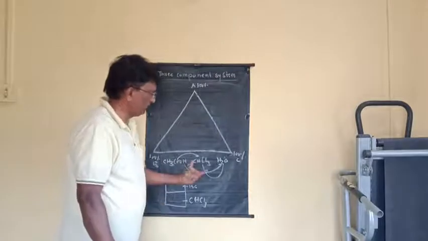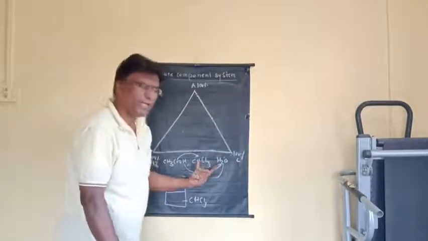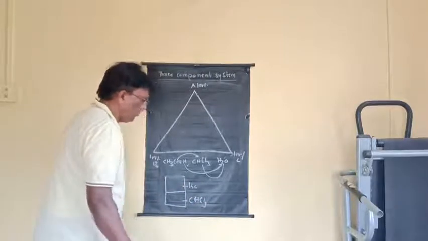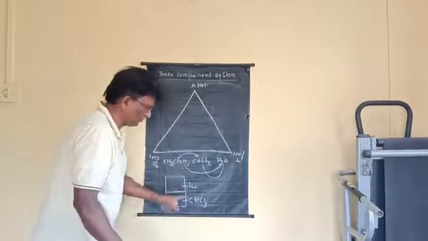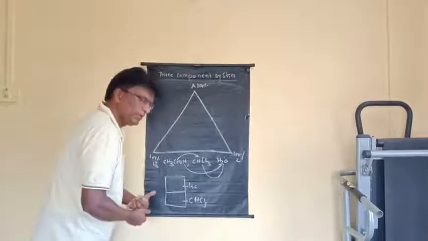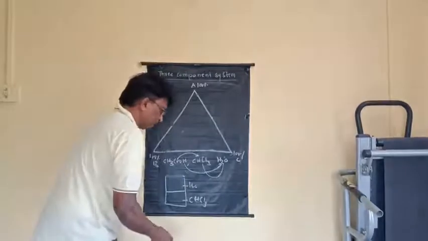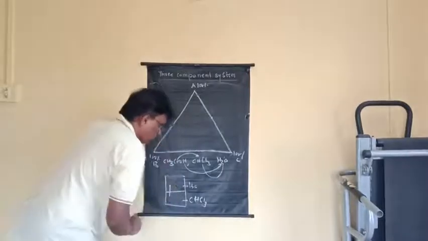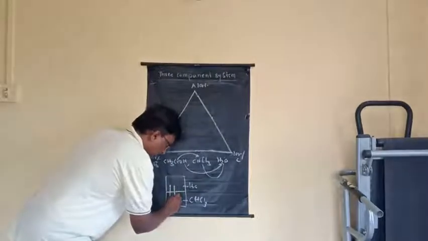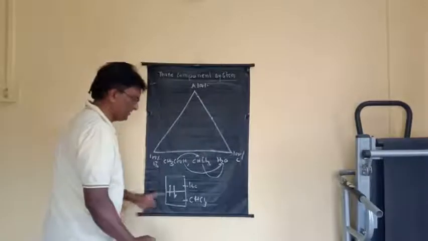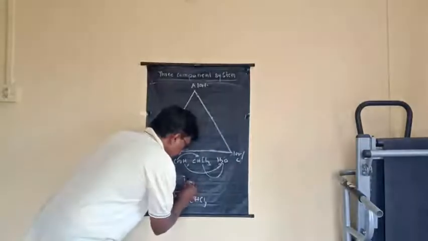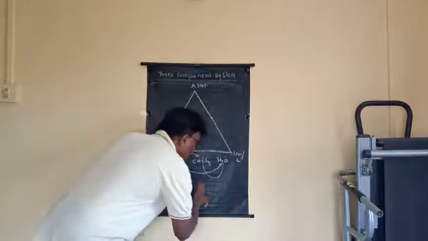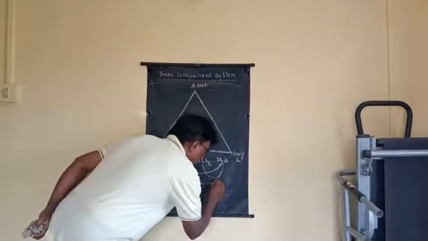Now, if you consider this system, water and chloroform here. When we take these two components, that is water and CHCl3, then what happens? This chloroform passes in water and water passes in chloroform. That means here we get layers.